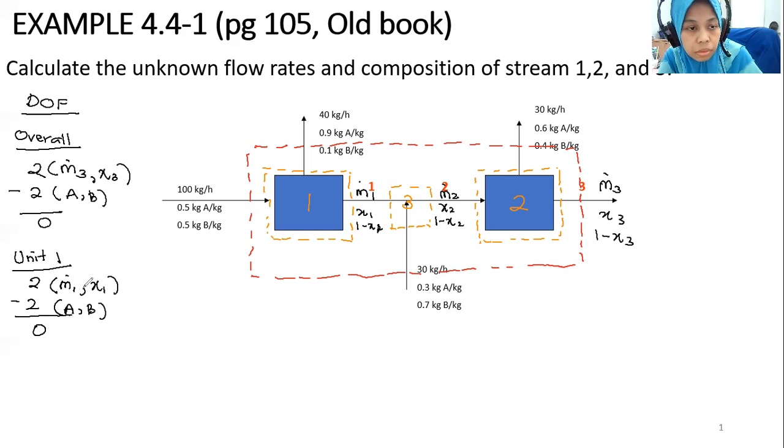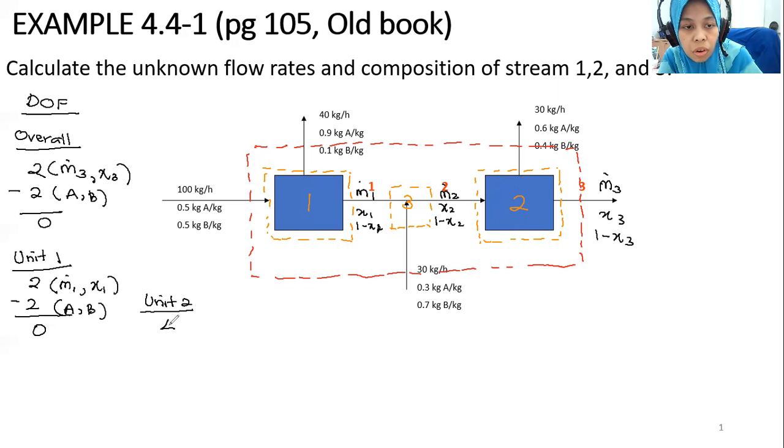Now proceed with unit 2. This is unit 2, and this is the boundary of unit 2. There is one inlet and two outlets. What are the unknowns for unit 2? We do not know the value for the inlet of unit 2 and also one of the outlets of unit 2.